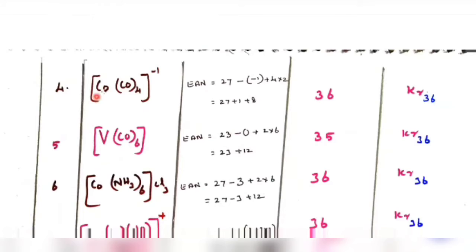Next example, Co(CO)4, the whole with charge minus 1. This is tetracarbonylcobaltate(-I) ion, since it is an anionic complex, cobaltate. The atomic number of cobalt is 27.